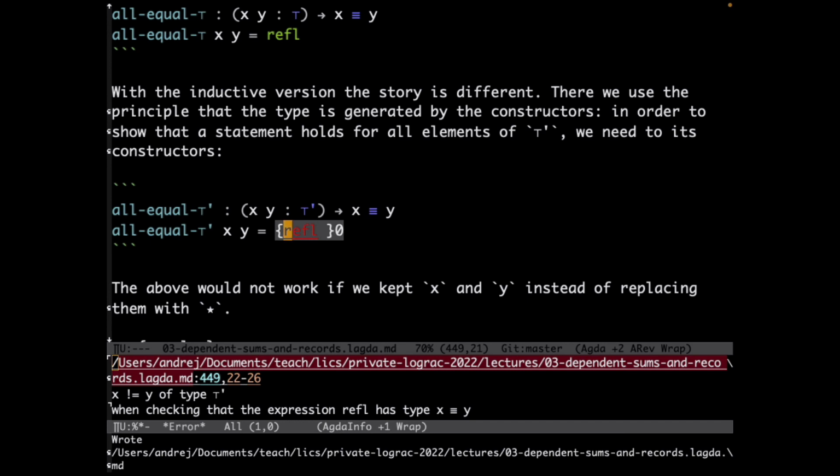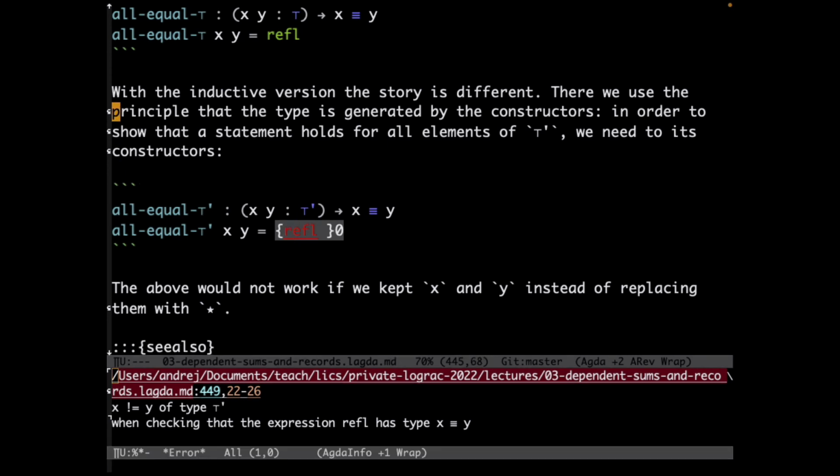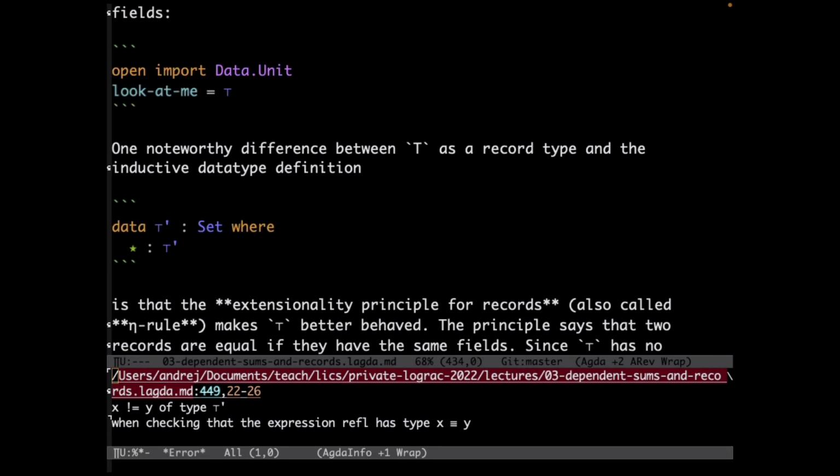Because of the way Agda computes with the data type, it says, if you want to do something with elements of the data type, the way you do it is you look at all the cases. A data type is always generated by some number of constructors. So, if you want to do something with the elements, you go and look at each constructor and explain what you're going to do there.